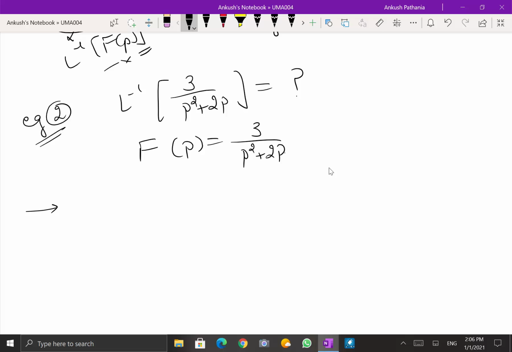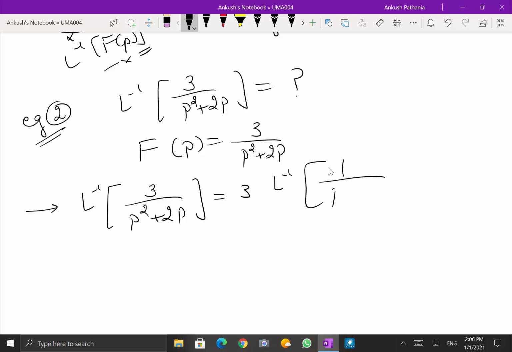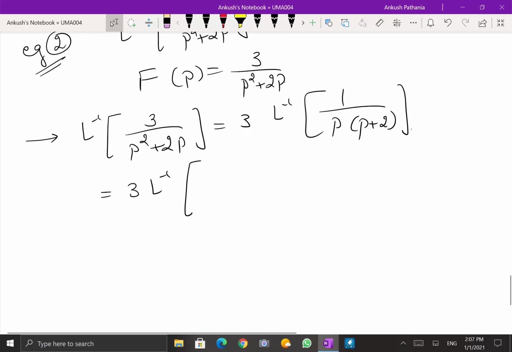So what we do, we manipulate it: 3 upon p square plus 2p, you can take 3 outside, constant, and then if we take p common, it is p plus 2. And now what we can do is partial fractions, and using partial fractions we will get this one divided by 2. So we use partial fractions.